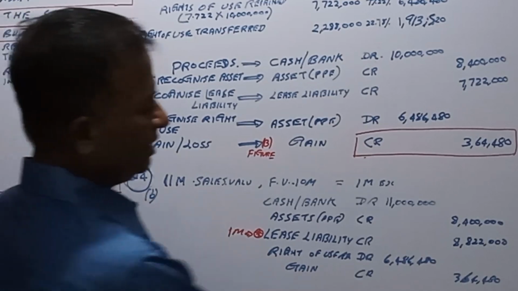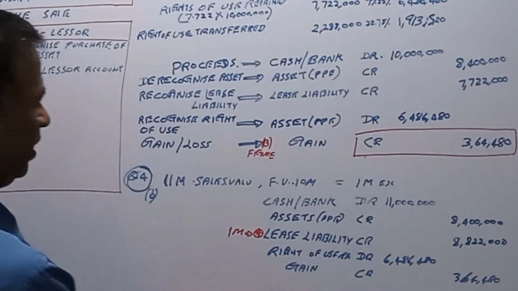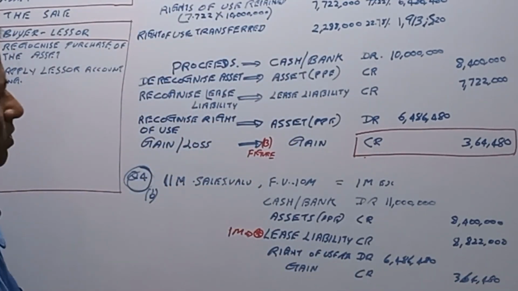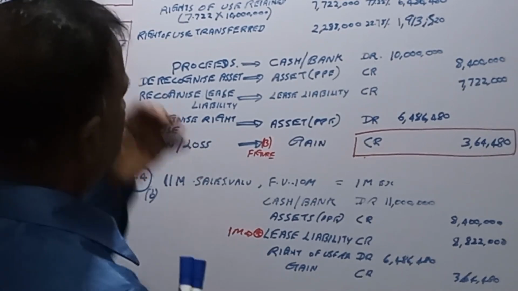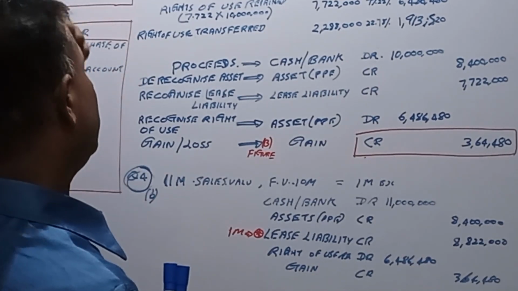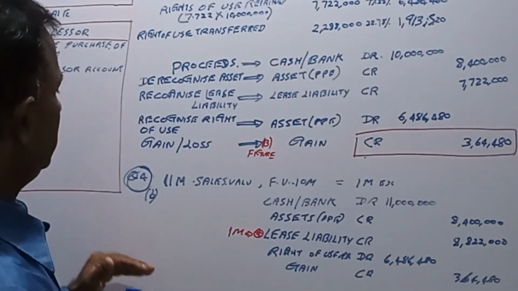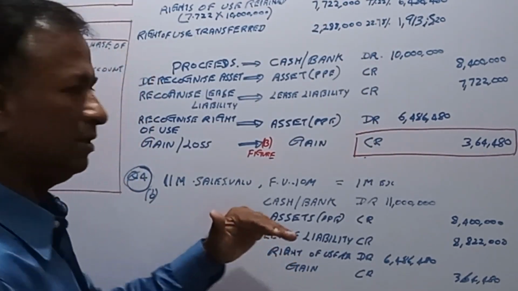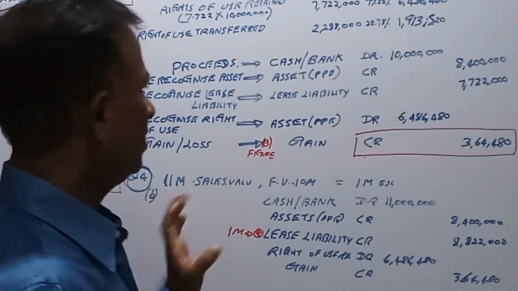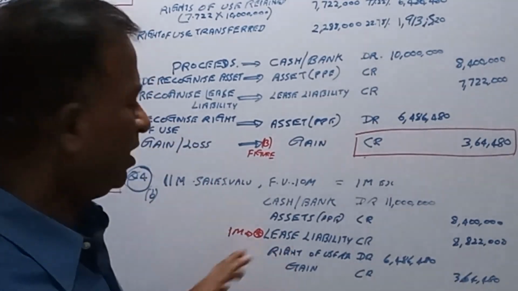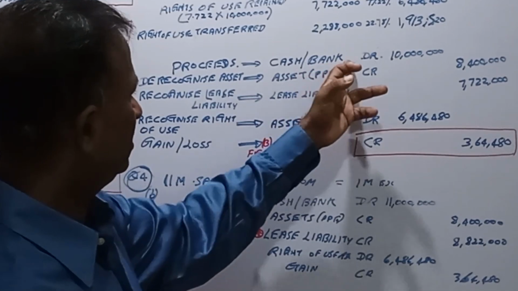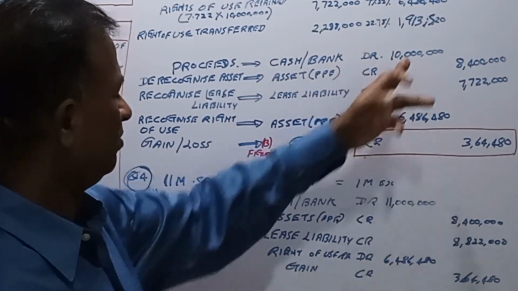If you understand this properly, then you can do it. The format is this. If the sale is taken below the fair value, then a prepayment will be added here, along with cash.